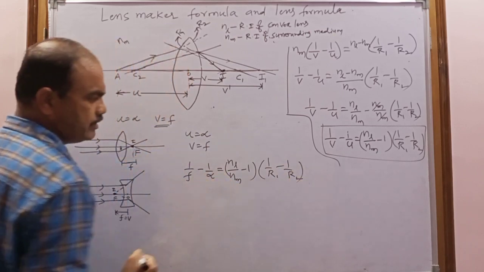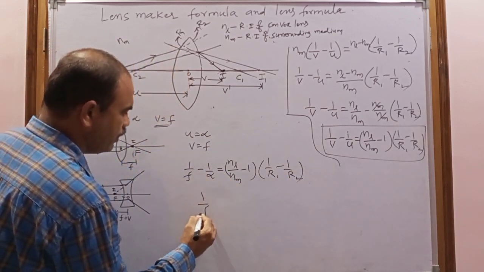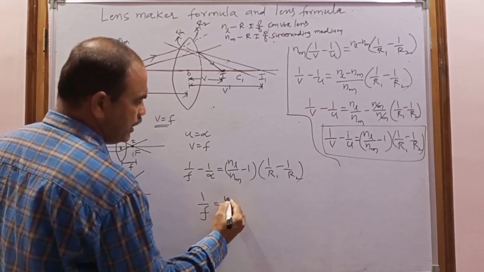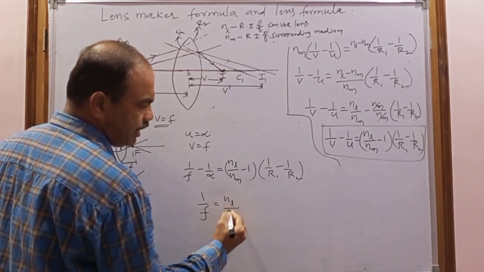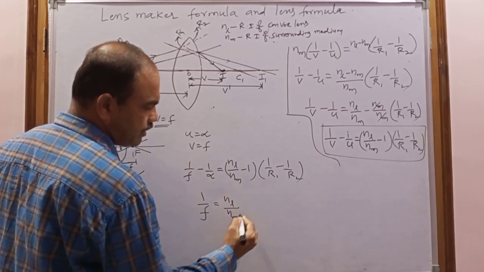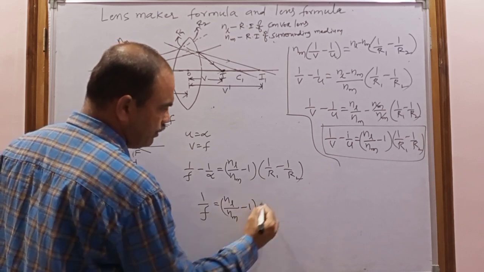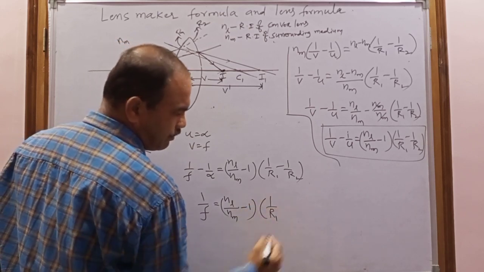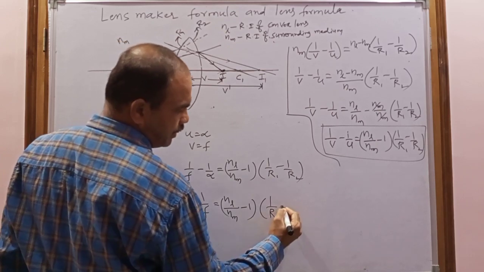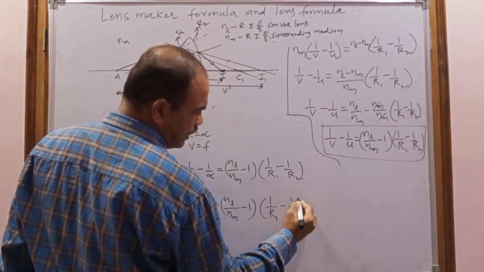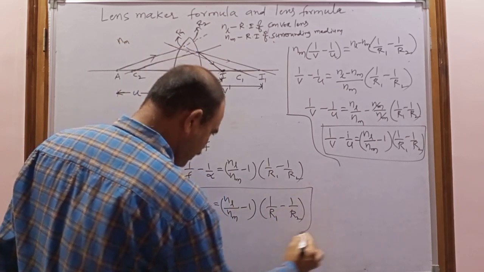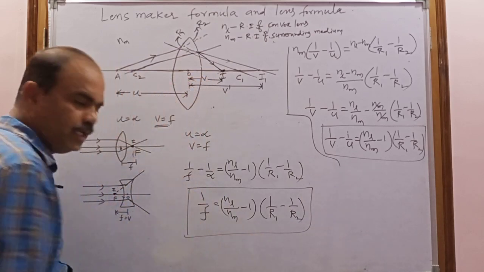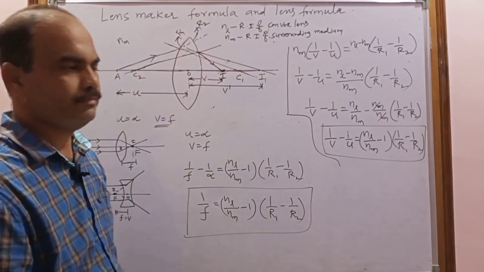Something by infinity is nothing but 0. So that's why 1 by f equals n_l, that is the refractive index of the lens by the refractive index of the surrounding medium, minus 1, of 1 by the first radius of curvature minus 1 by the second radius of curvature. Now this is another form of the lens maker formula.